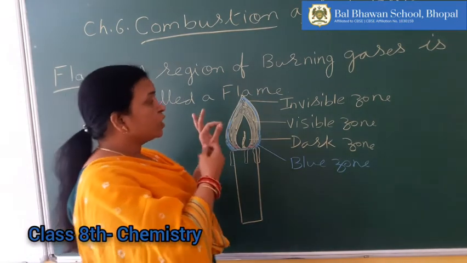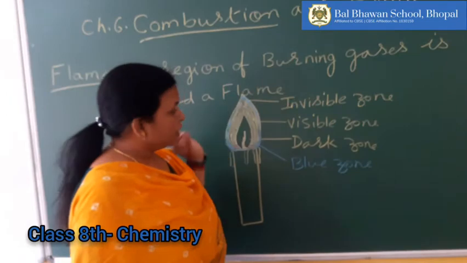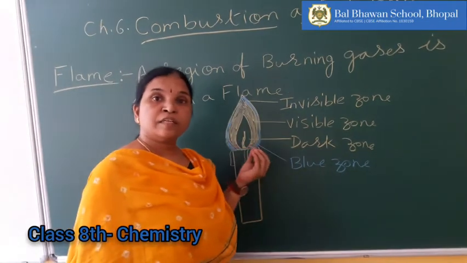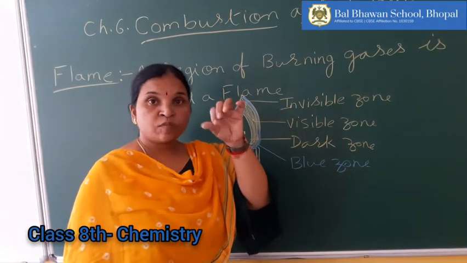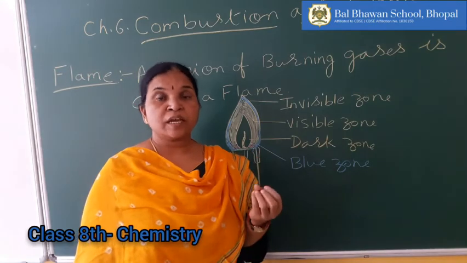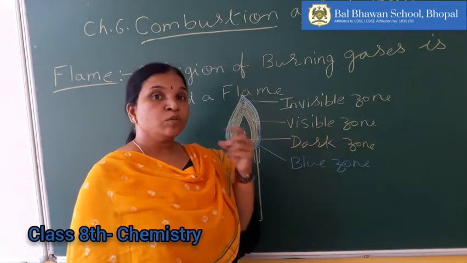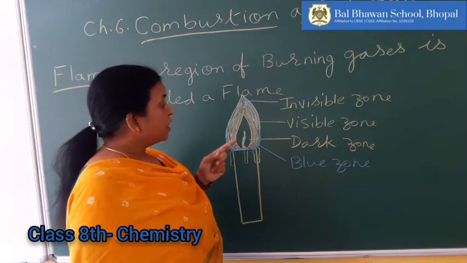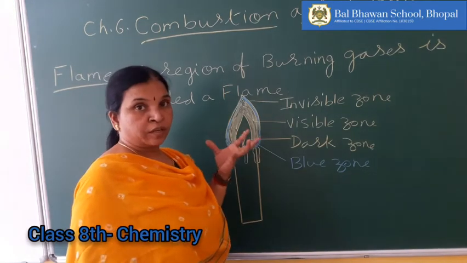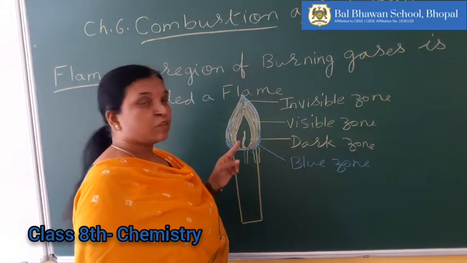The moment you take a burning matchstick near the wick, which is coated with wax, that wax will melt and vaporize, and those vapors catch fire and start burning, and that is visible in terms of flame.